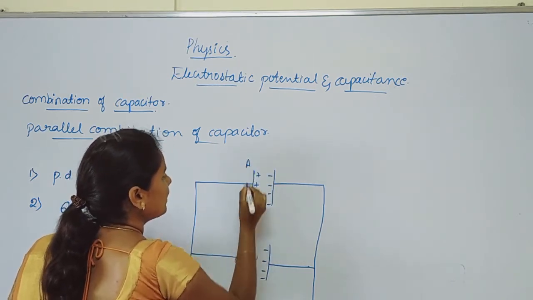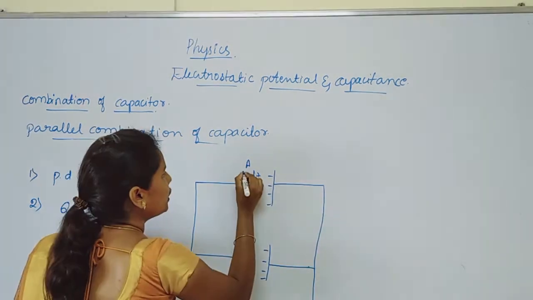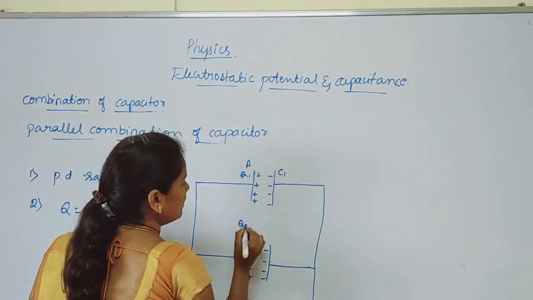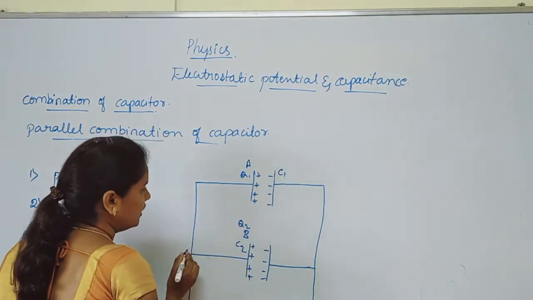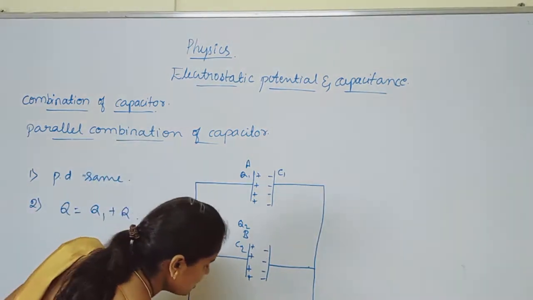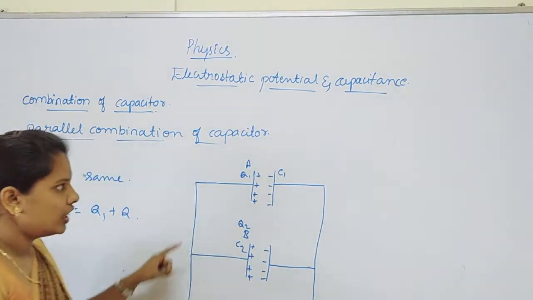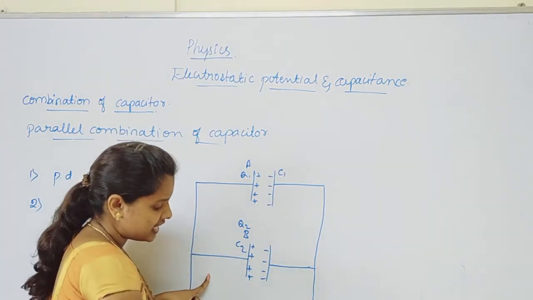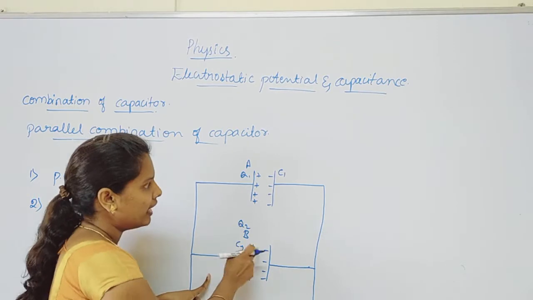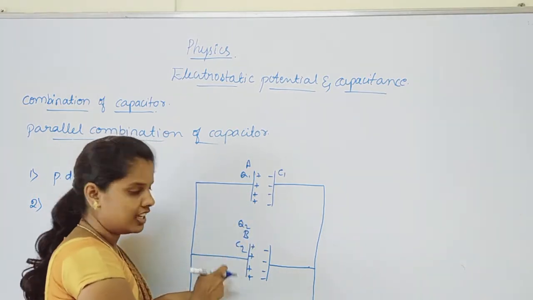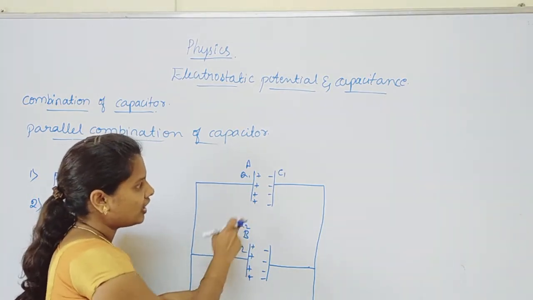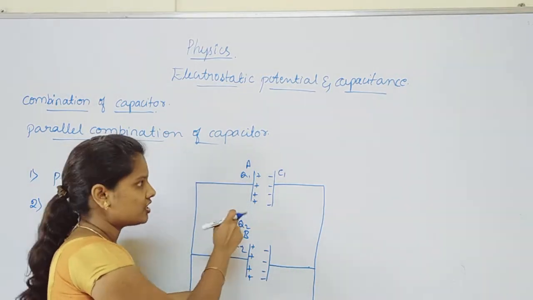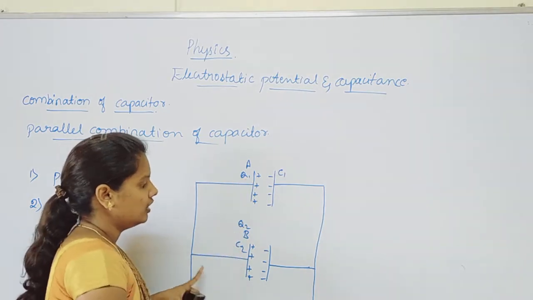This is A, B, this is Q1, this is Q2, C1, C2, and this is voltage. So here the potential difference across these two capacitors is the same as the applied potential, but the total charge of this whole circuit is equal to the sum of the charges Q1 and Q2.